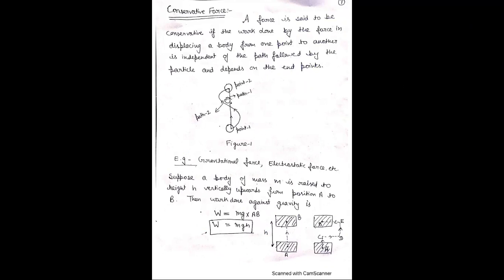Here is a figure. There is a point 2 and point 1. This is path 1 and this is path 2. For a conservative force, the work done does not depend on the path, it only depends on the initial and final positions. Therefore, the work done by path 2 is equal to the work done by path 1.